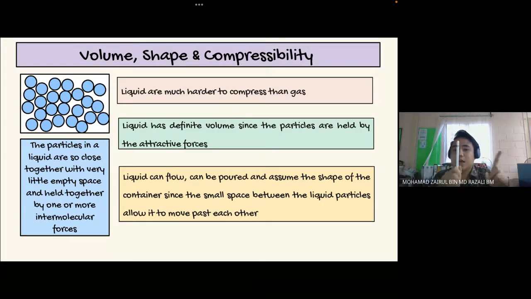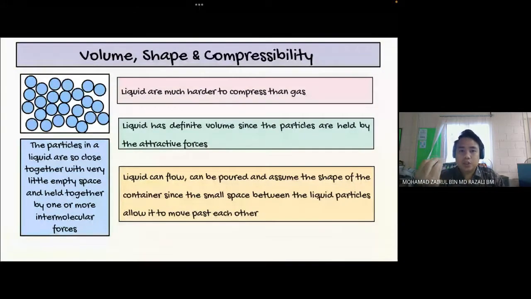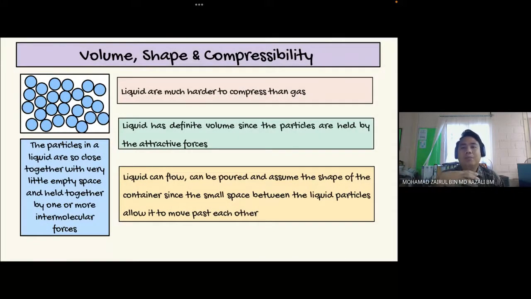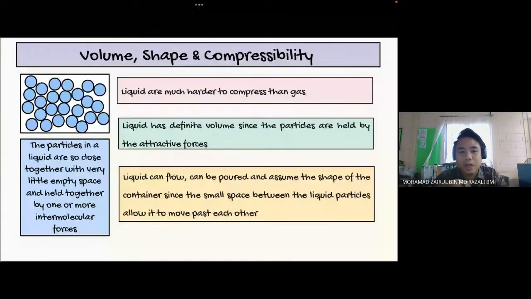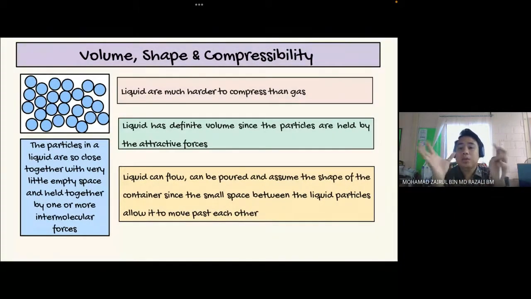Kita kena ingat dalam gas, the particle itu are arranged far apart with one another. Compared to liquid, particle itu bersentuhan. The particle is arranged as close as possible. Tapi beza dia dengan solid, the particle in the liquid are arranged without any particle arrangement. Maknanya kita akan arrange dia in a random arrangement lah. Compared to solid, solid pun dia dekat-dekat.